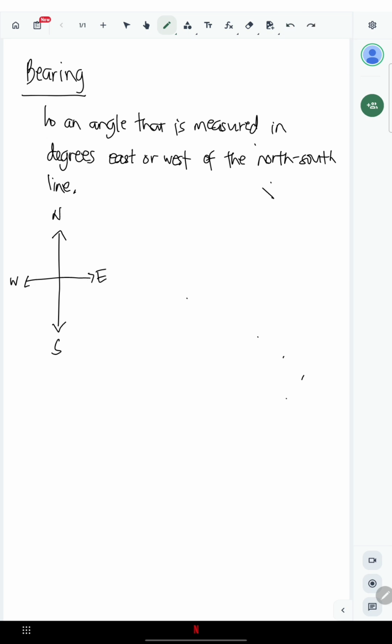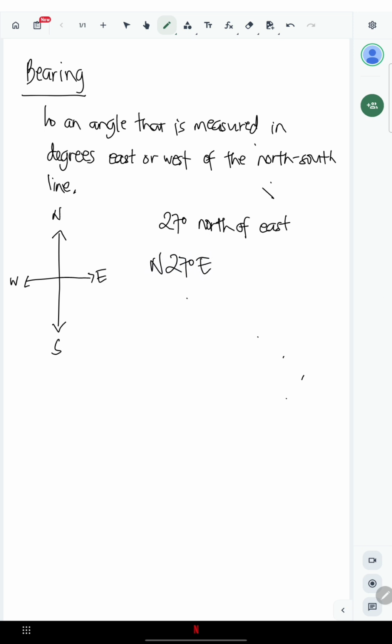Okay, so if you are given the 27 degrees north of east, so this should be written in this one.